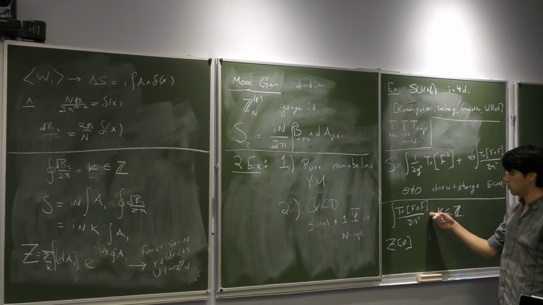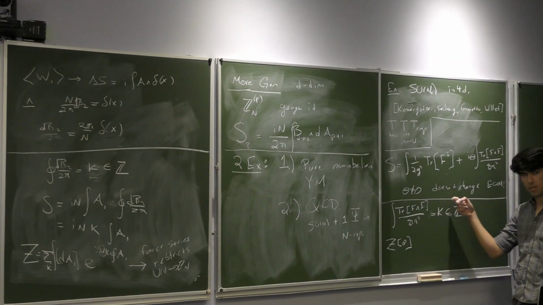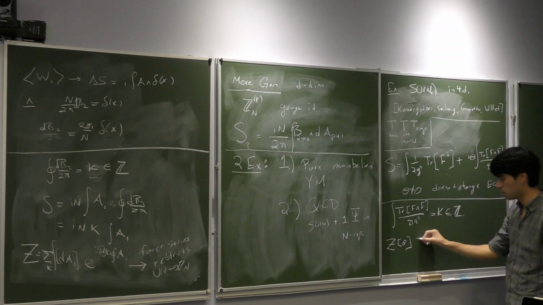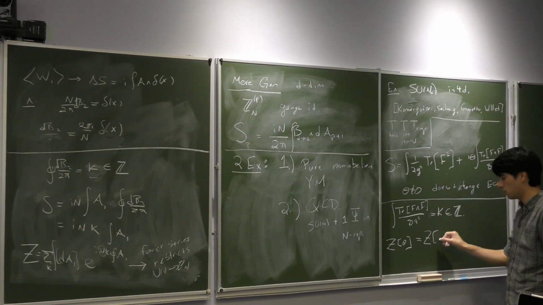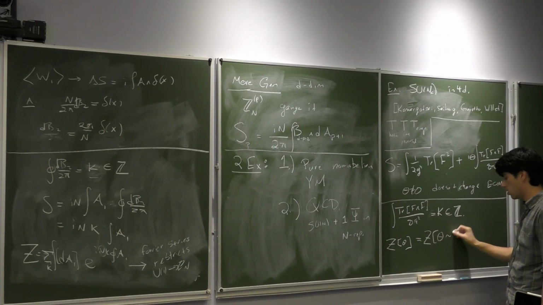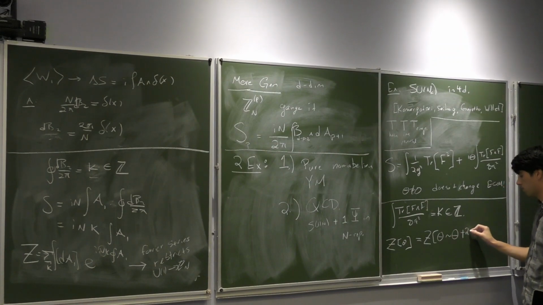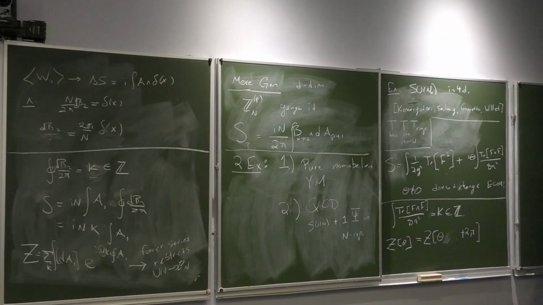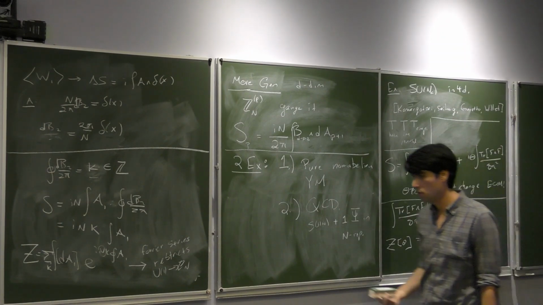When you sum over the gauge fields in the path integral, you sum over all the possible different integers. But the fact that they're all integers implies that the partition function is invariant under shifting theta by 2 pi.